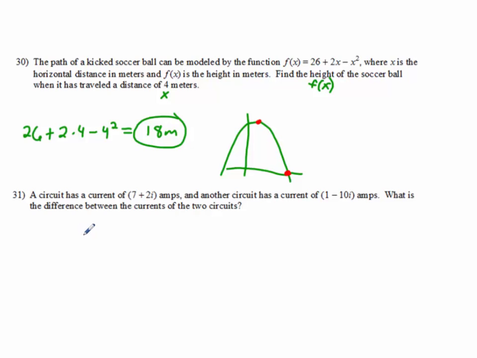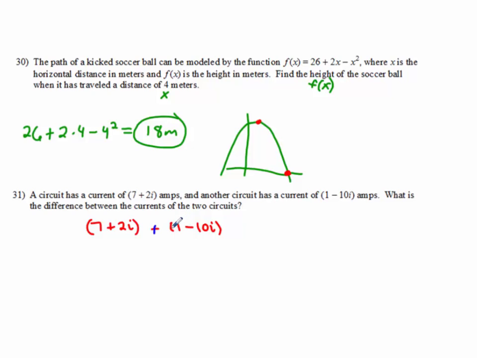31 was on our last test. A circuit has a current of 7 plus 2i amps, and another circuit has a current of 1 minus 10i amps. What is the difference between the currents? Well, difference means to subtract. So when I subtract, I change all of my signs.